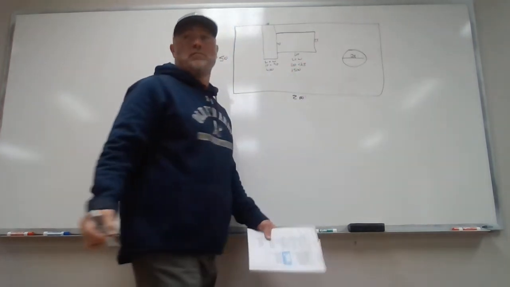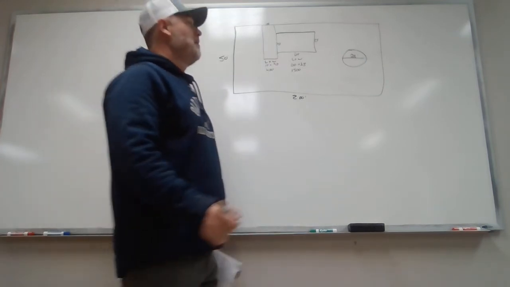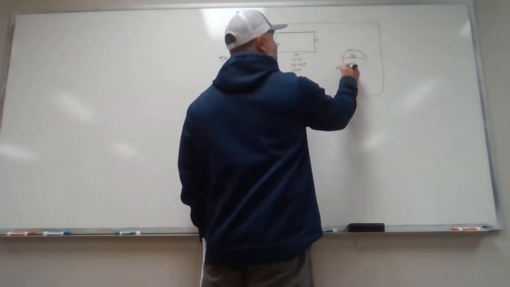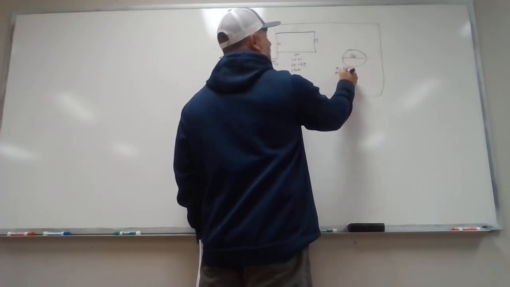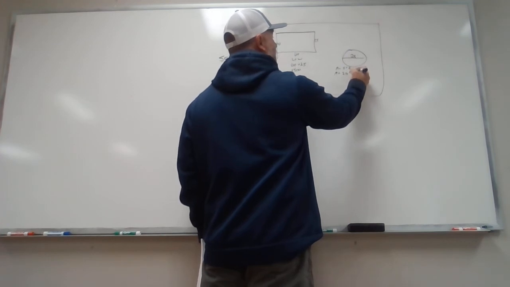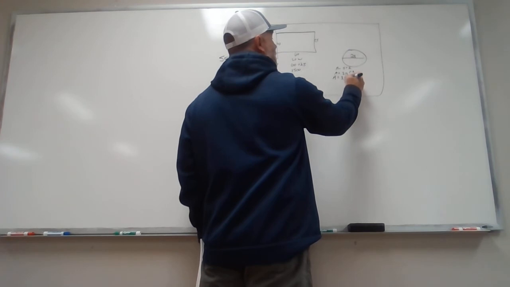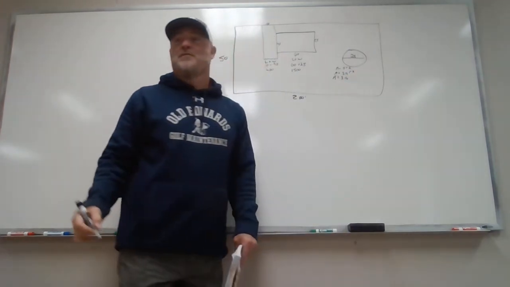And the pool, once again, what is the pool? Area equals pi r squared. Area equals 3.14 times radius squared. What is the radius?